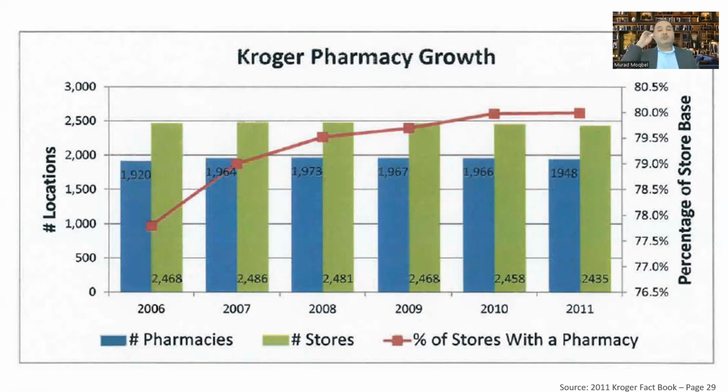So one way to explain that is actually they have been reducing the number of stores that don't have pharmacies. So when you reduce those stores that don't have pharmacies, the number of pharmacies divided by the number of stores will go up. And that's why we have this increasing trajectory in pharmacies divided by the number of stores, right?